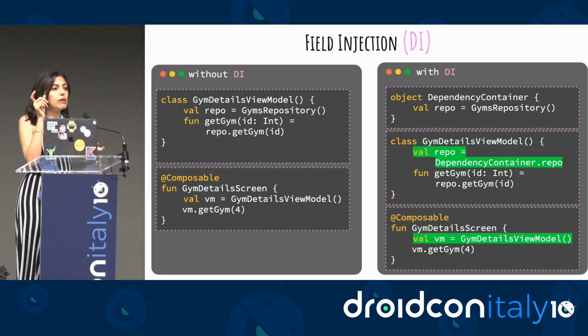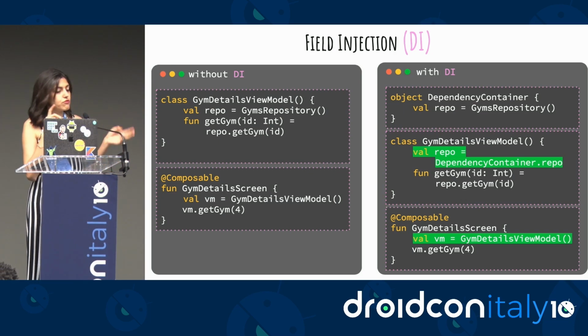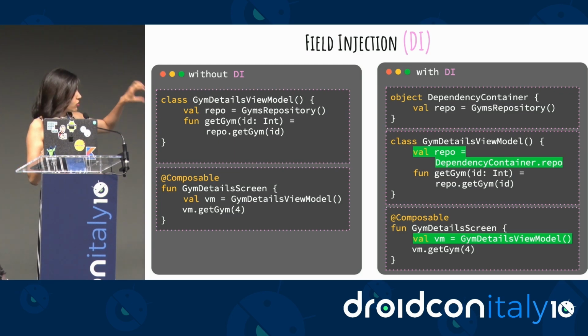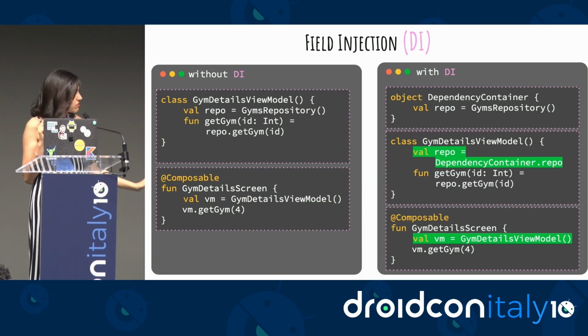And I also want you to remember dependency container because, again, it's going to be relevant in a moment. So we have provides and we have dependency container. This is a component which is outside that we're using. And then I'm just calling the view model, instantiating the view model as it is.